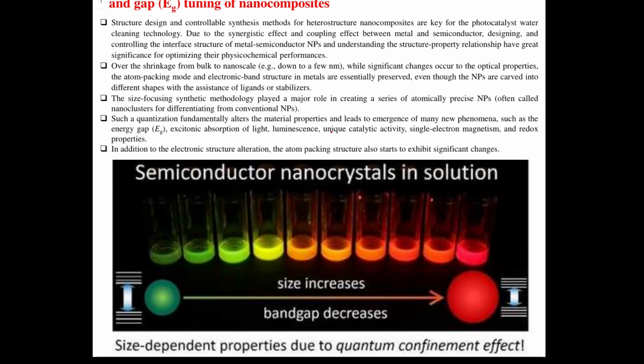Once you dope it with nitrogen, it creates new levels above the valence band edges, by which electron excitation becomes easy for the material. Here also, quantum confinement and quantum effects affect the band gaps.